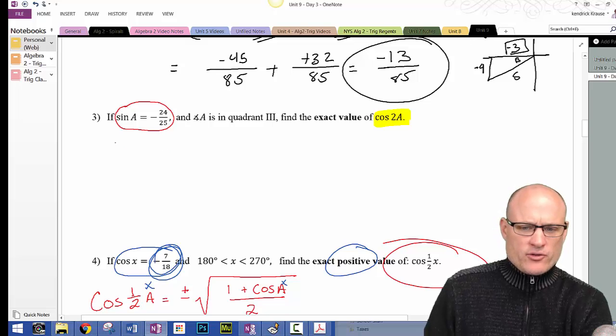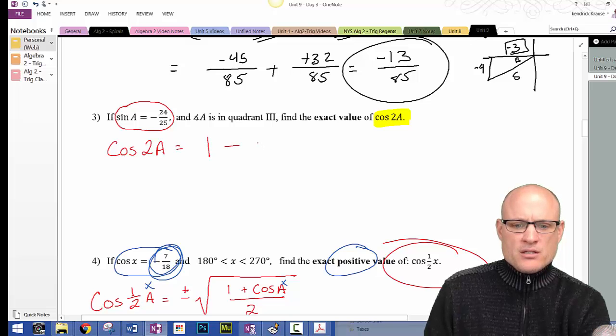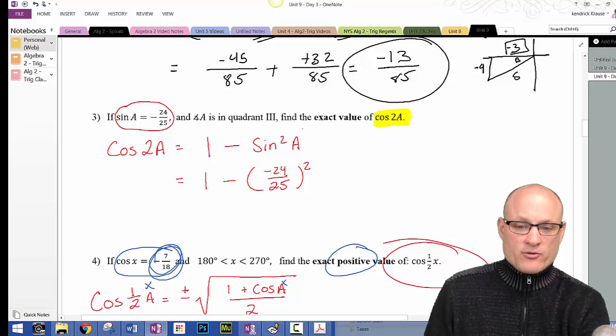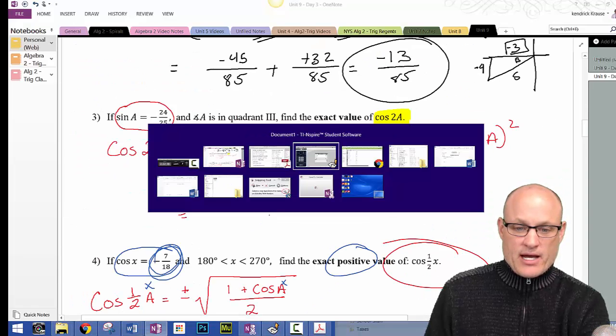Yeah, of course. So cosine of 2a, picking the correct formula, is 1 minus sine squared a, which is really 1 minus negative 24 over 25 squared. Because remember, this thing right here is really the same as sine of a squared. So that I would definitely pop into my calculator because it's going to give me some obnoxious number.